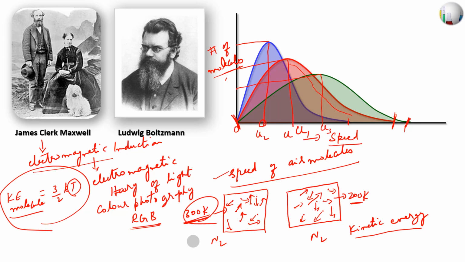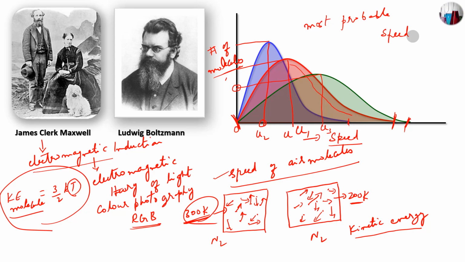Even though that is still the maximum for the green, any particular velocity possessed by the maximum number of molecules is still the maximum value. So now let's say only 1000 molecules possess this particular speed, and this particular speed is actually called the most probable speed.